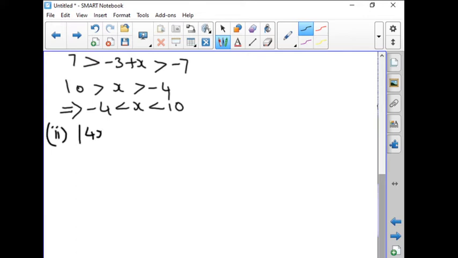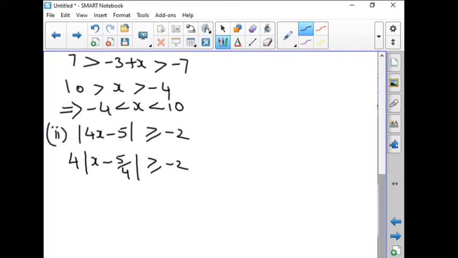Modulus of 4x minus 5 is greater than or equal to minus 2. So what is this now? Take 4 outside. When you take 4 out, it becomes modulus of x minus 5 by 4 greater than or equal to minus 2. When you take 4 inside, you can check, it becomes 4x minus 5.